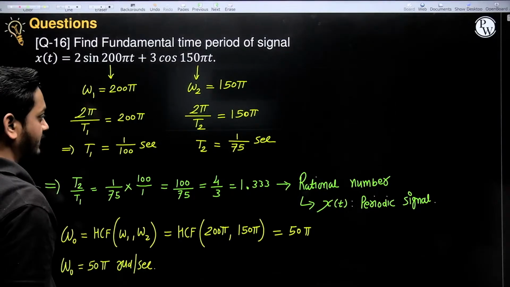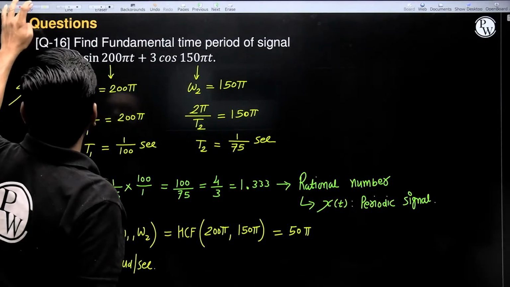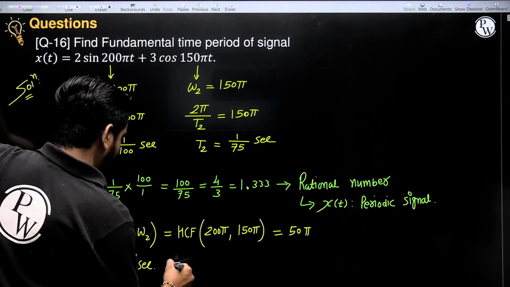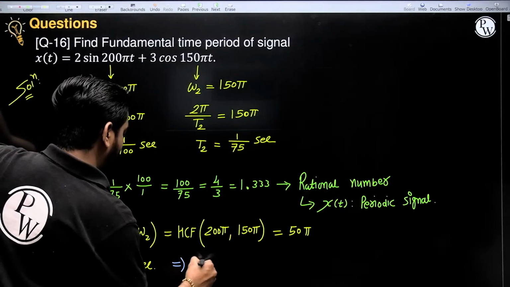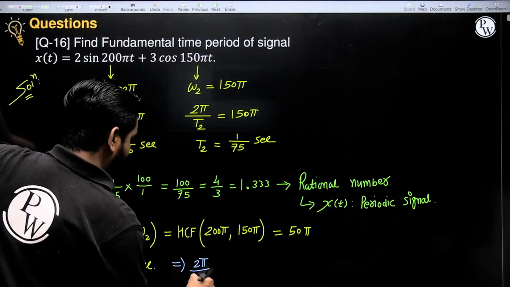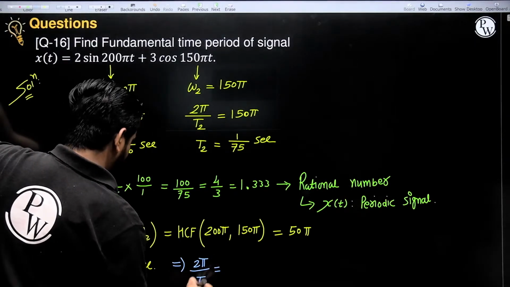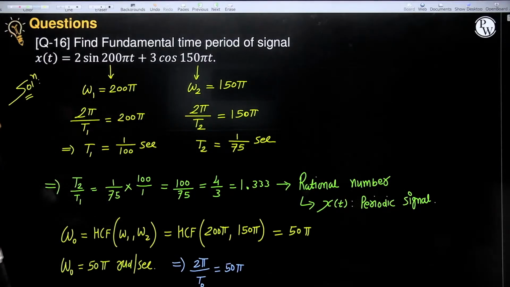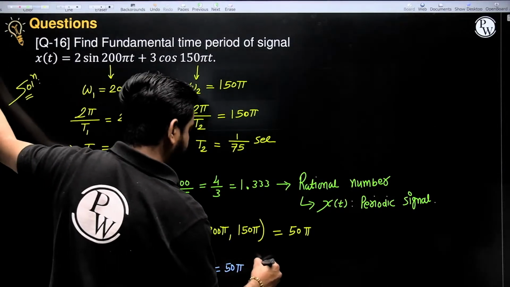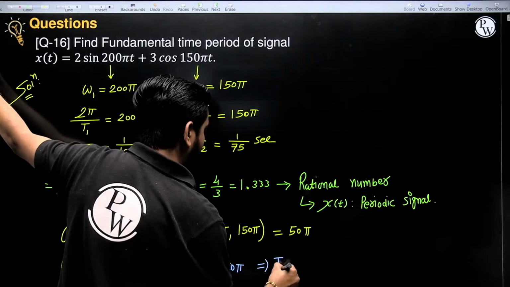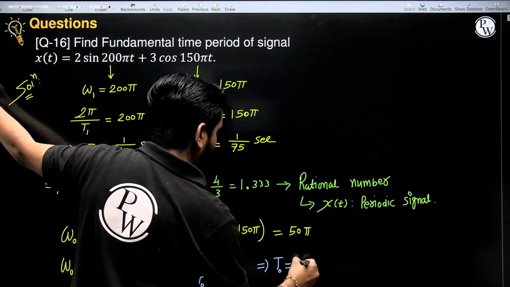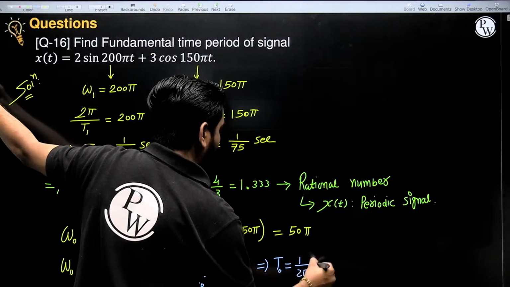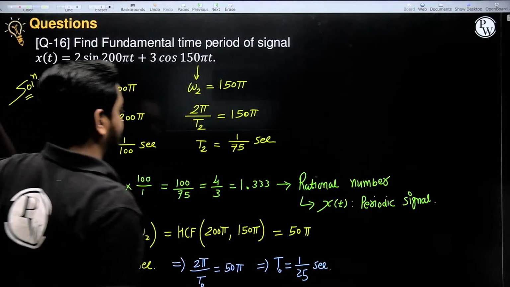And what is the fundamental time period? From here also you can find it: pi by T0 is equal to 25 pi. So the fundamental time period T0 is equal to 1 by 25 seconds.